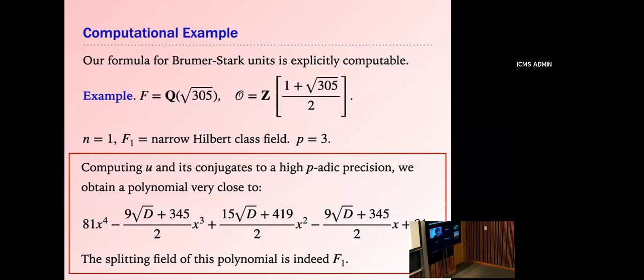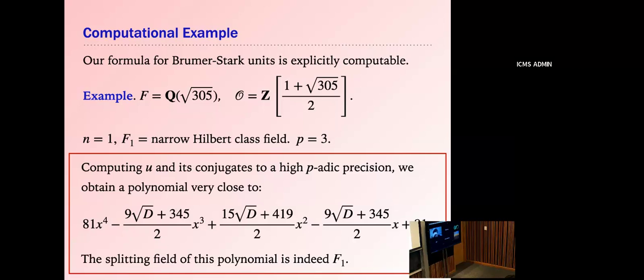Now that you have a reasonable candidate for this polynomial, you can look at it more carefully and check that indeed it splits over a Galois extension of F, which is abelian. In fact, it generates a Z mod 4Z extension, which is what the class group here is.